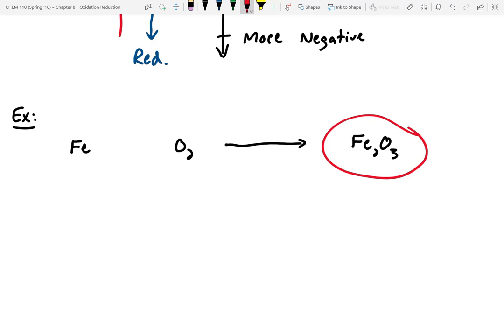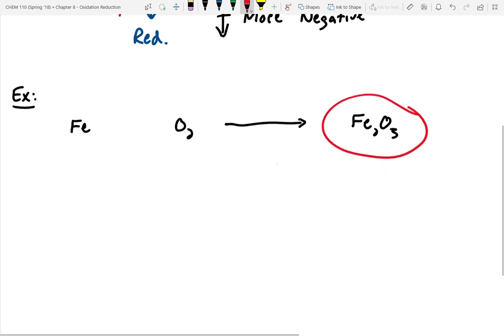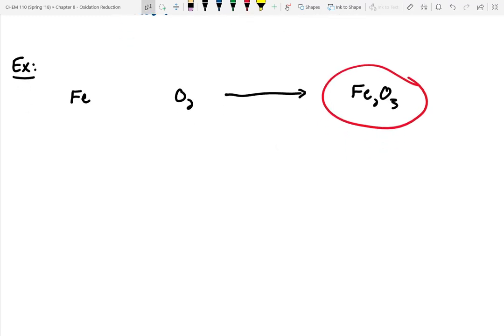What would this metal be called using the full formal name? Fe is iron. Would it be iron 2 or iron 3? It'd be iron 3 oxide. Okay, so when we react iron with oxygen, we get iron 3 oxide mostly.